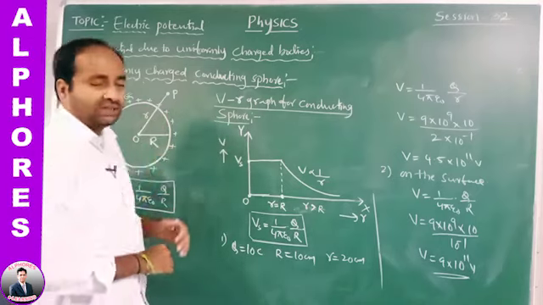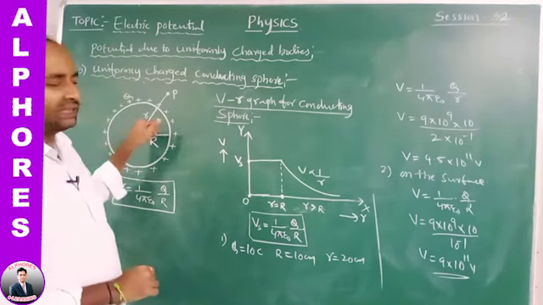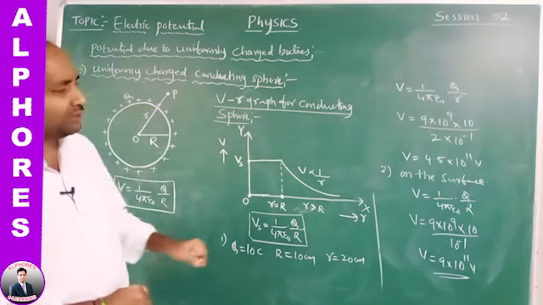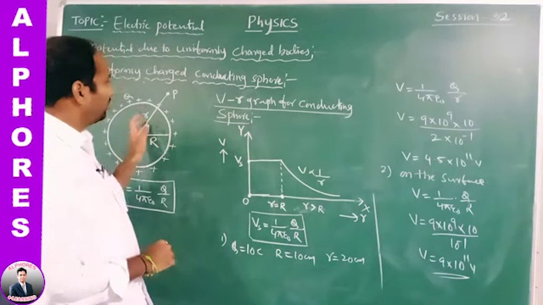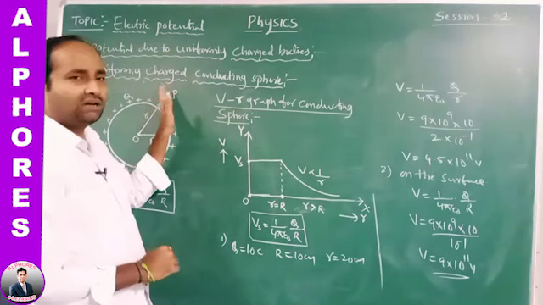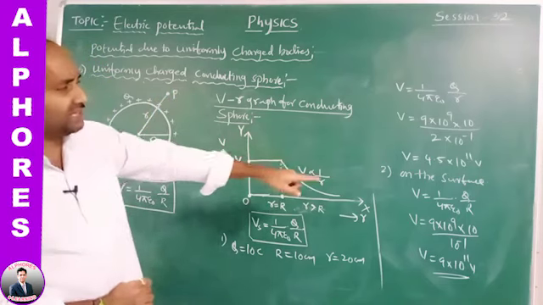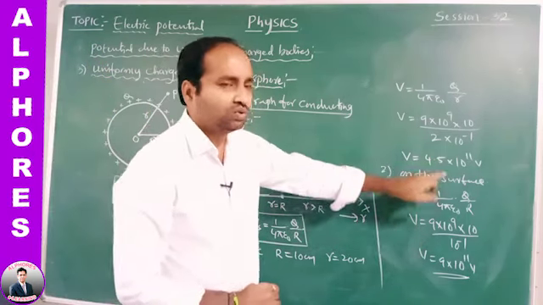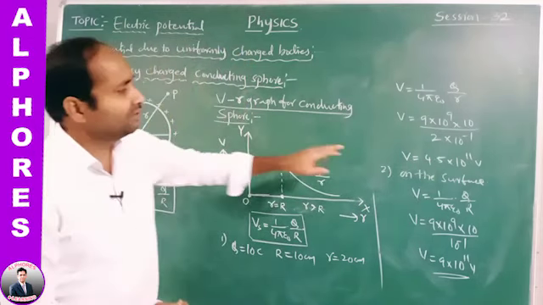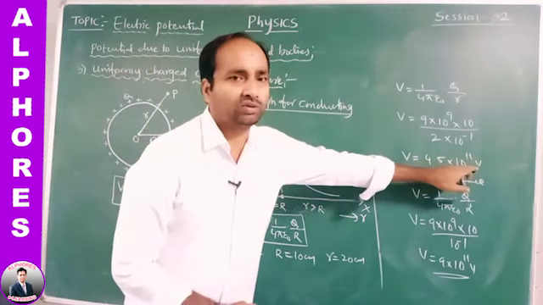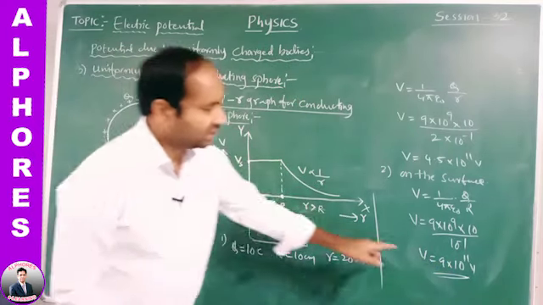Now at any point inside the surface and at the center of the sphere, the potential also remains the same, that is 9 into 10 to the power of 11 only. Only at points outside does the potential decrease with distance. The potential at a point outside is 4.5 into 10 power 11, but on the surface it is maximum, 9 into 10 power 11.